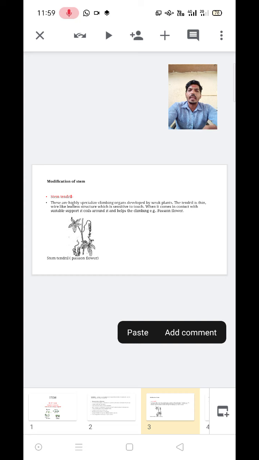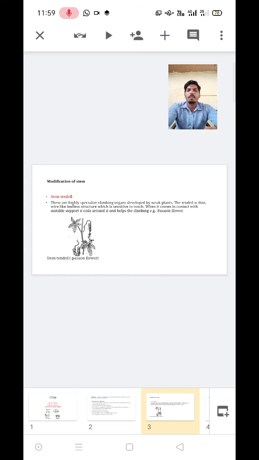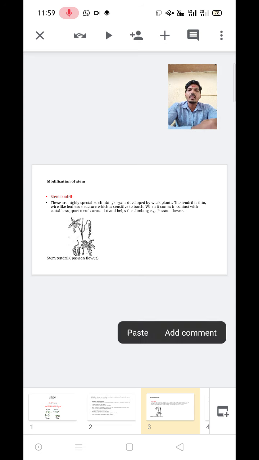What are stem tendrils? Stem tendrils are highly specialized climbing organs developed by weak plants. Weak plants are those that do not have a strong stem, so they cannot stand properly. Such plants develop a coil-like structure. That coil-like structure is thin and leafless, and sensitive to touch.